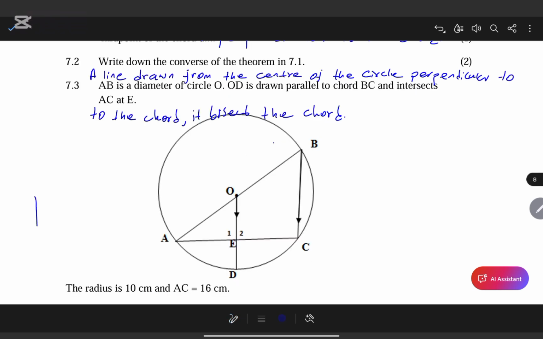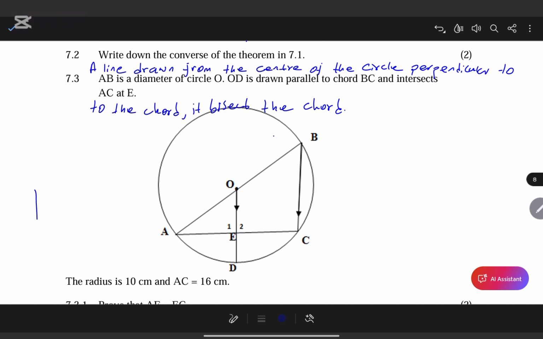So in question 7.3, they say AB is the diameter of the circle O. So O is the center of the circle. They say OD is drawn parallel to the chord BC. So we can see it is marked here that these two lines are parallel.